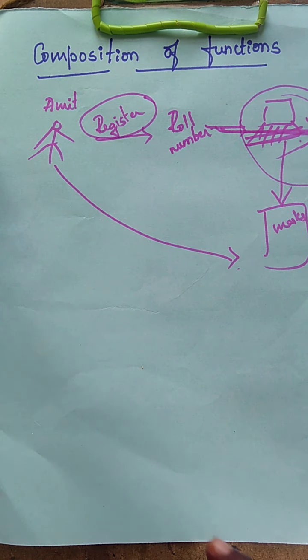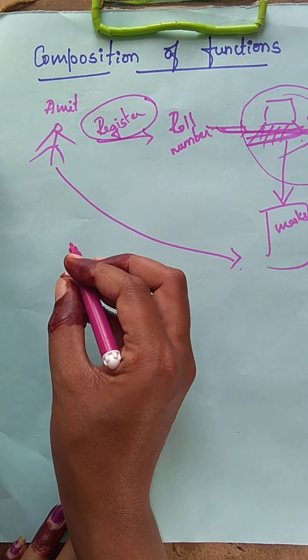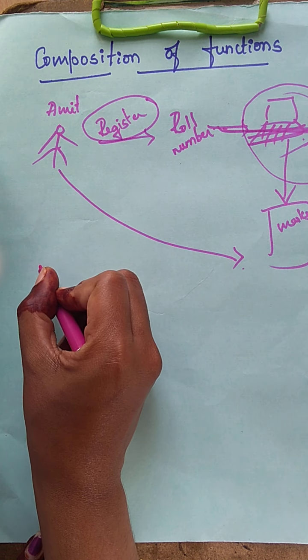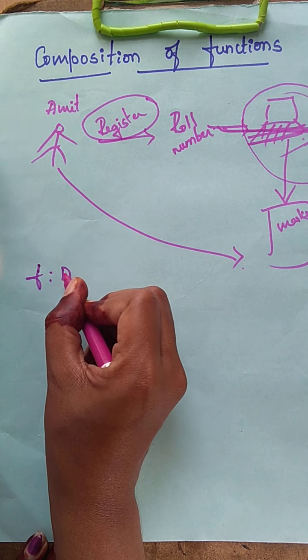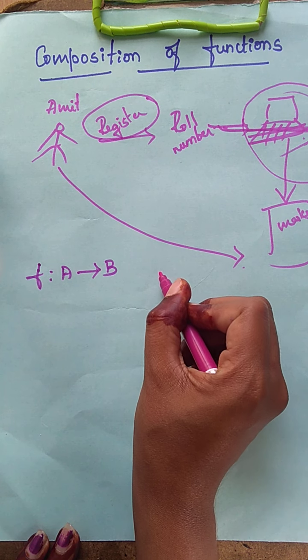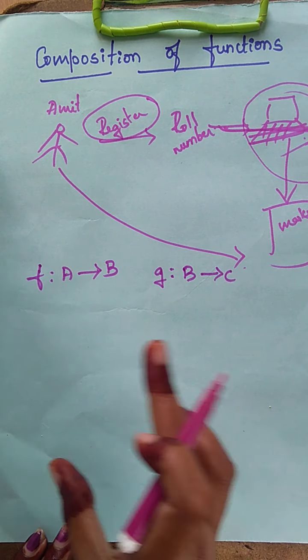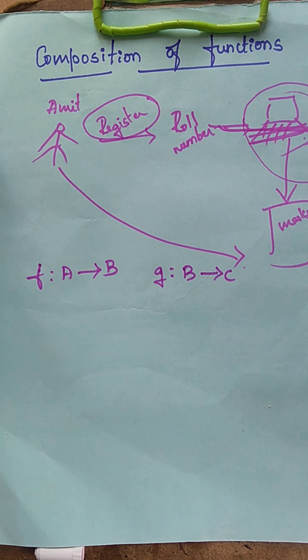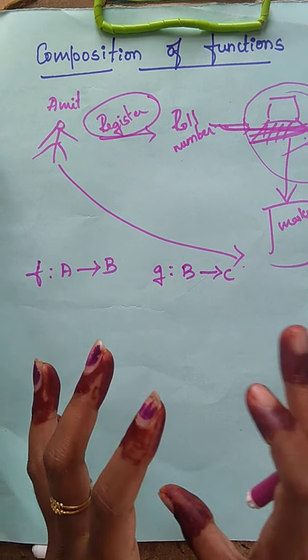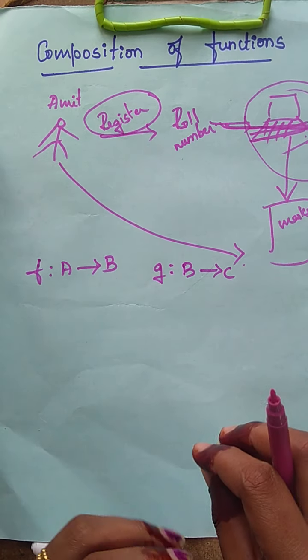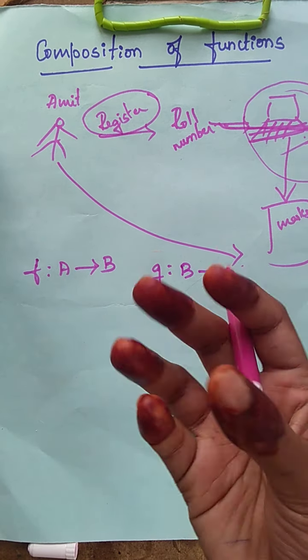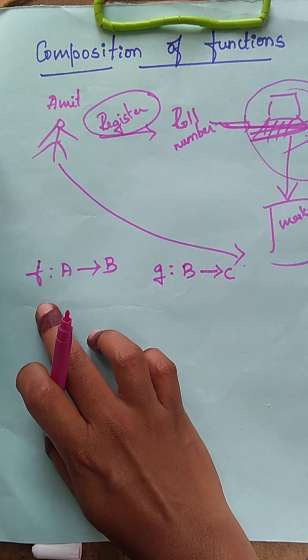In order to define it in a mathematical way, suppose you have two functions, f from A to B and g from B to C. Both are functions. What do you notice here?